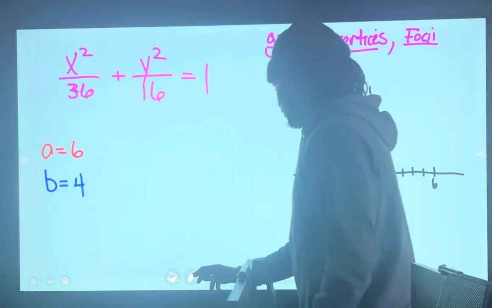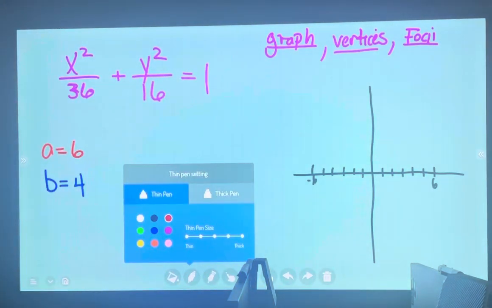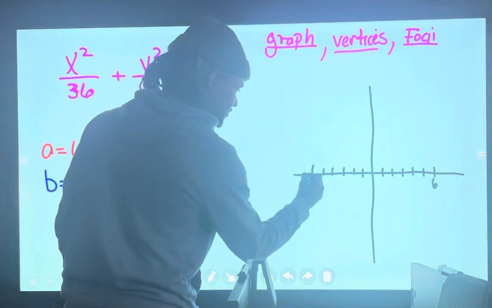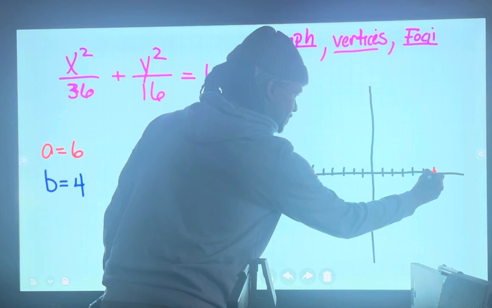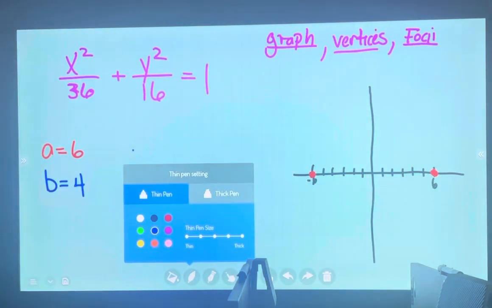It starts at 0, 0, right? Yep, our center is still 0, 0 for this case. And then I got my first endpoints. You said are on 6 and negative 6. There's a point. Where are my minor points? 4 and negative 4. Mm-hmm.